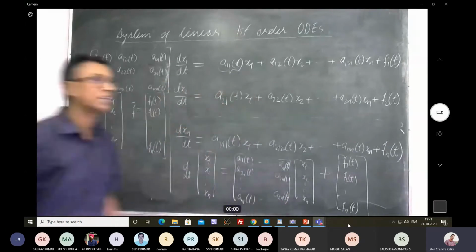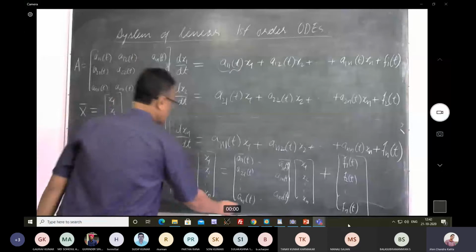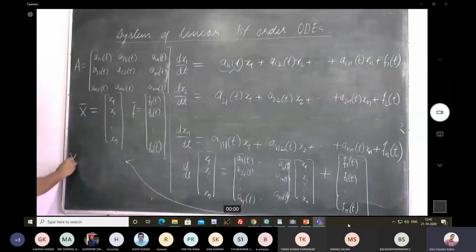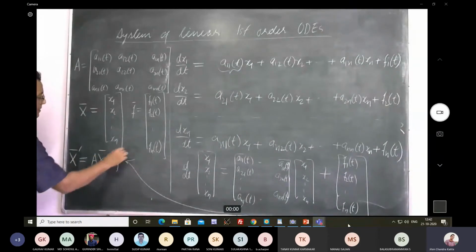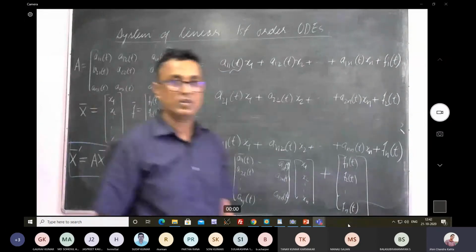I could have written it like this, isn't it? That is why this system of equations can be written like this. This is the matrix form of the equations.